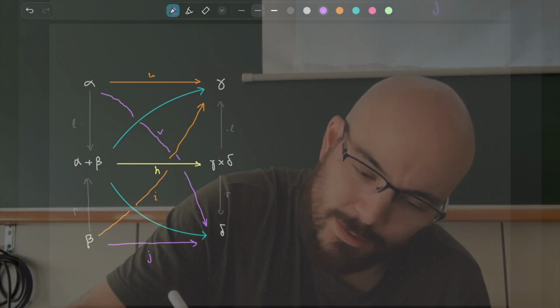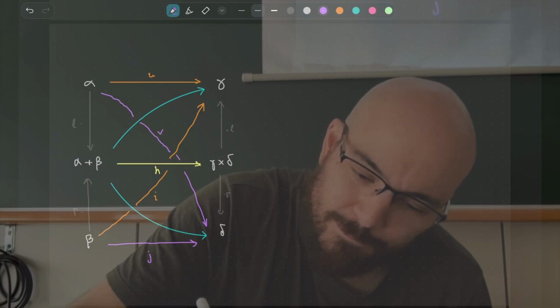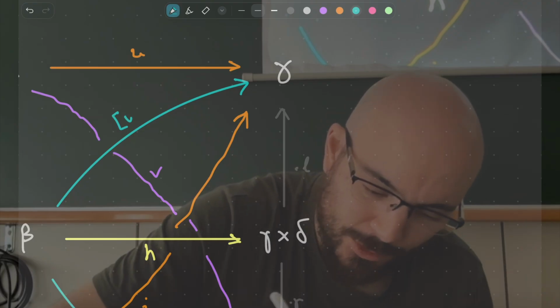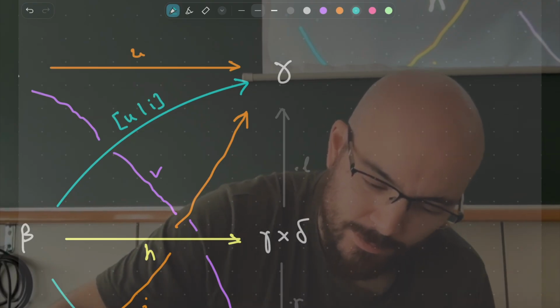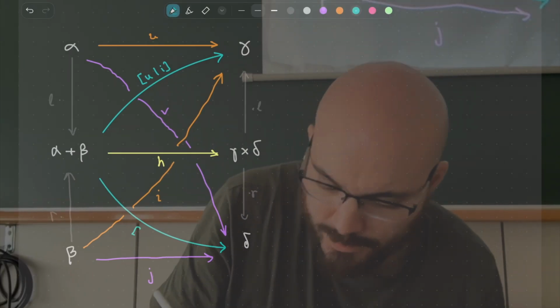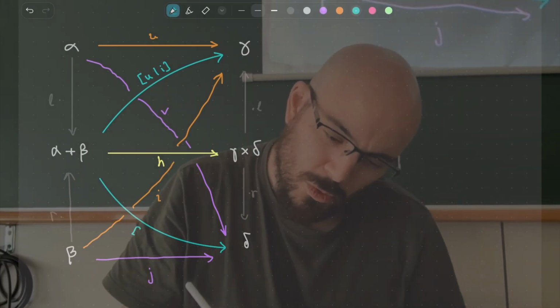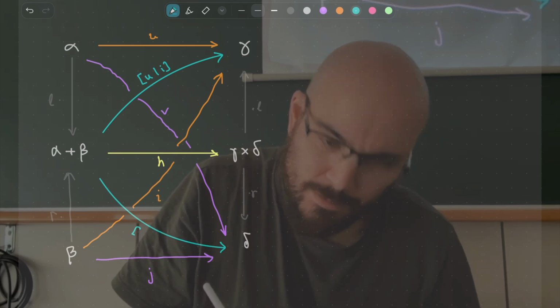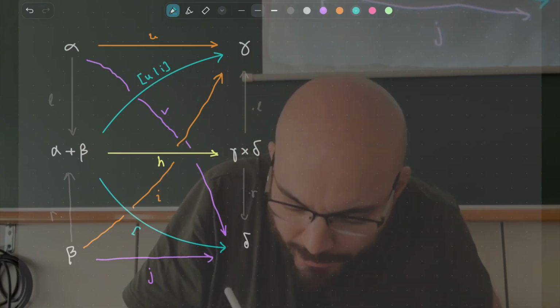So this one, the top one should be U or I, and the other one, what? VJ or JV? VJ, okay.